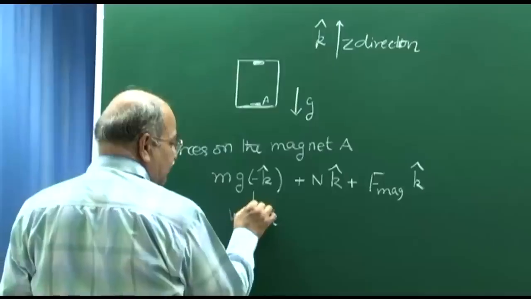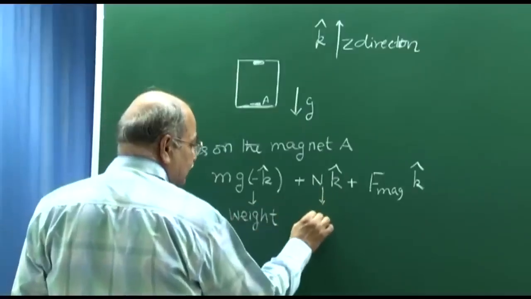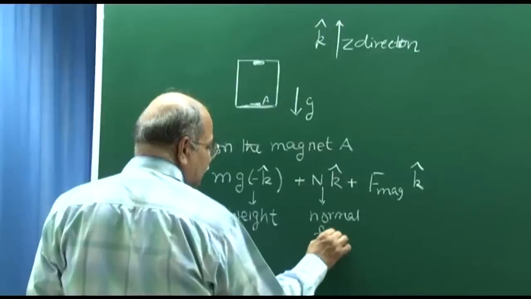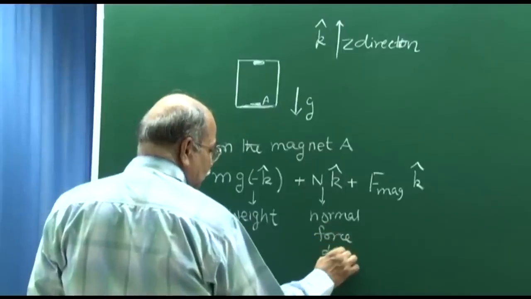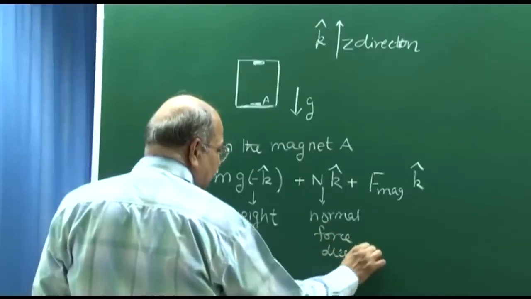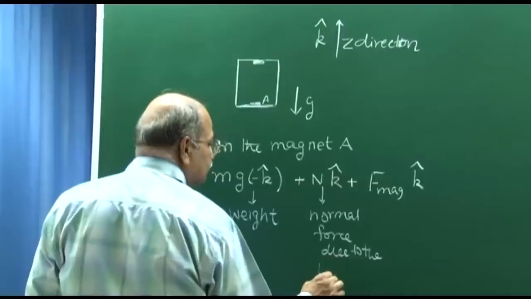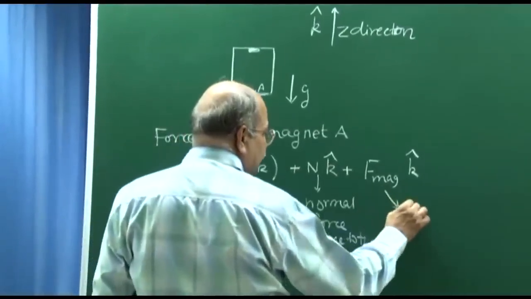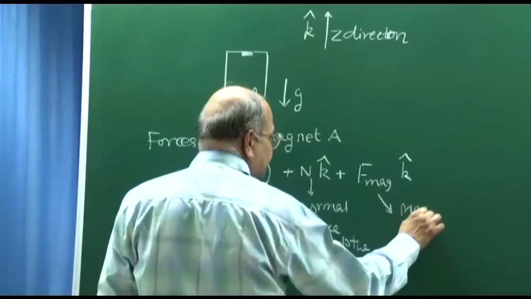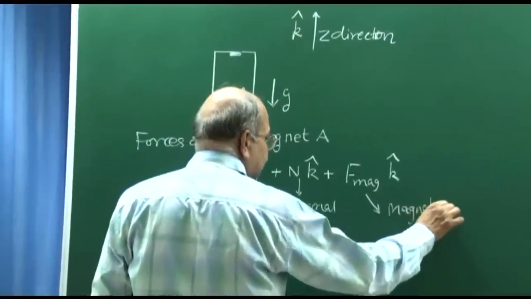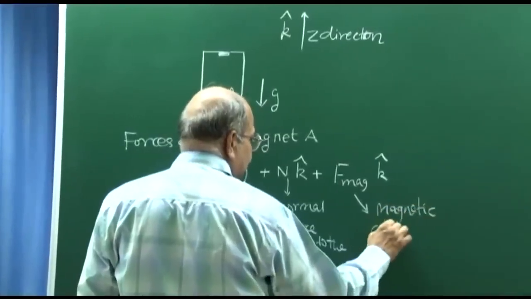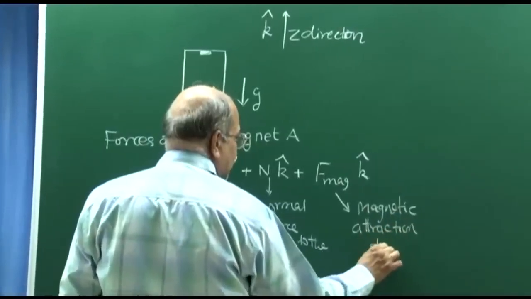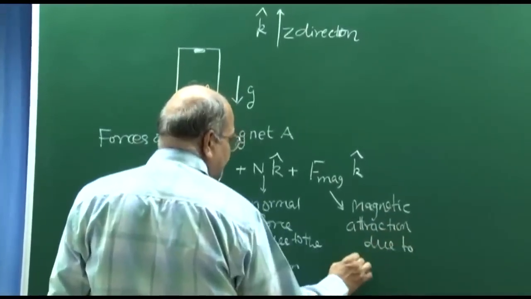This one is weight, this one is normal force due to the bottom, and then this is the magnetic attraction force due to the upper magnet.